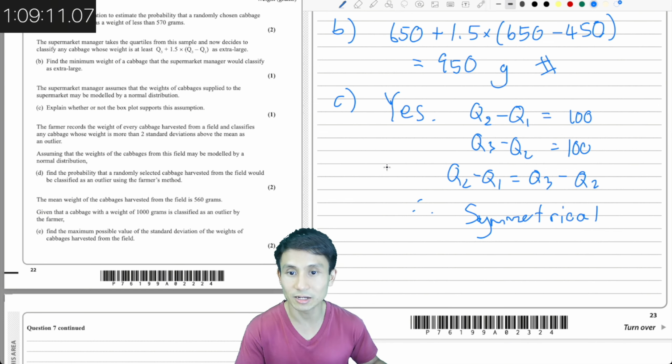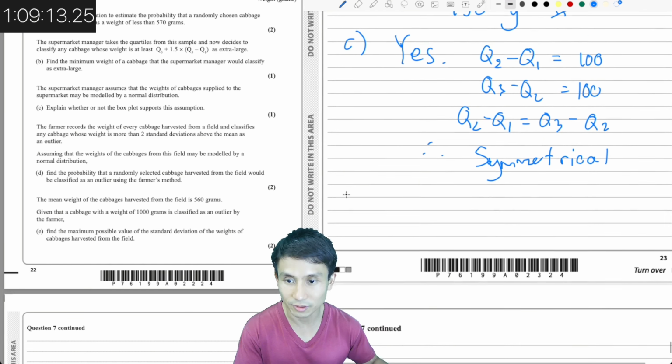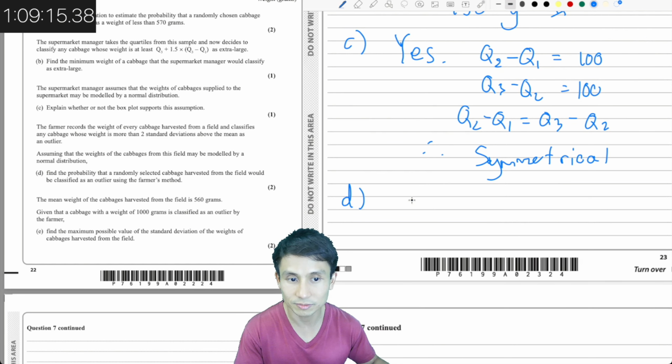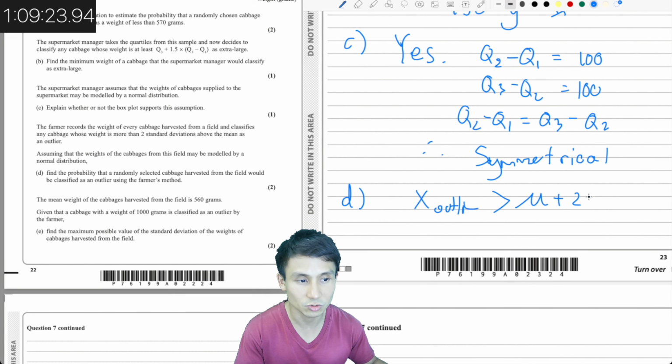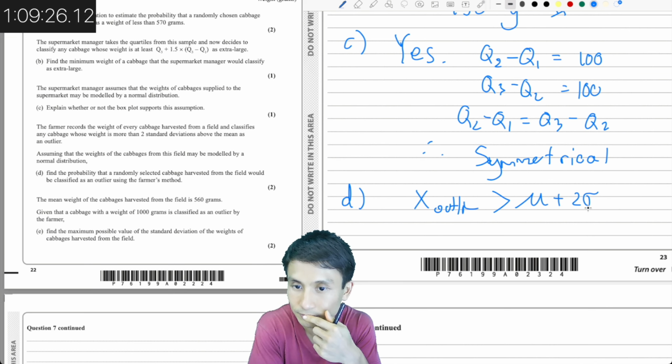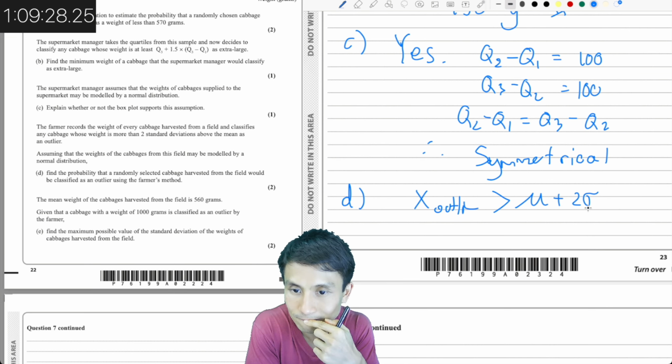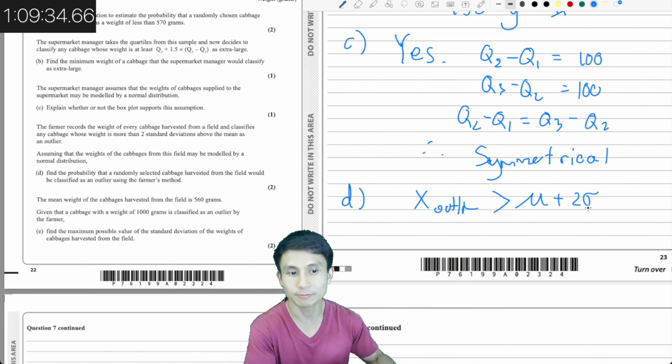More than 2 standard deviations above the mean. So an outlier is x greater than mean plus 2 standard deviations. A randomly selected cabbage.